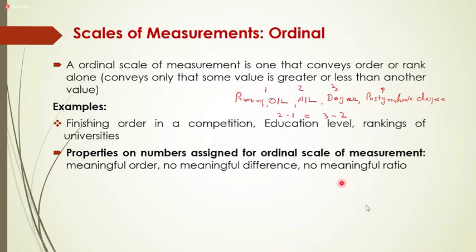So now we have two types of scales of measurement: the nominal level and the ordinal level, right? The finishing order in a competition, education level, rankings of universities, these are some examples of the ordinal scale of measurements, right?